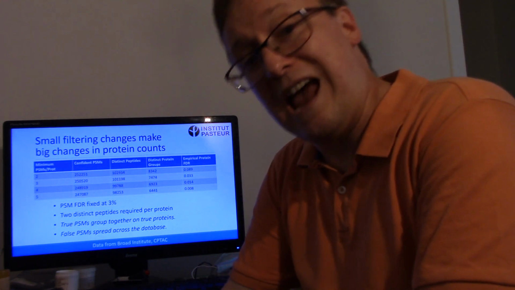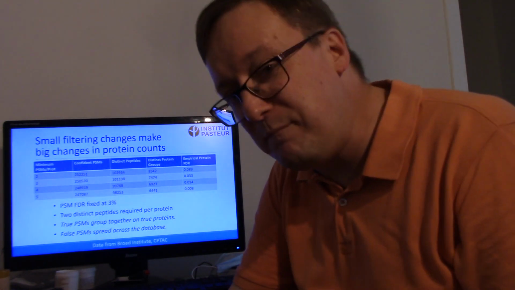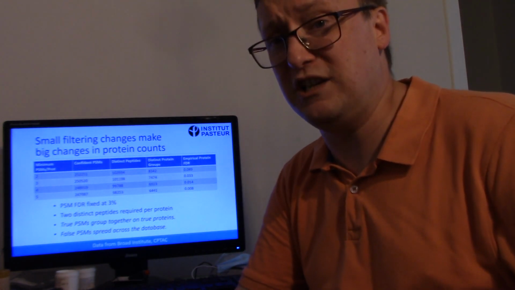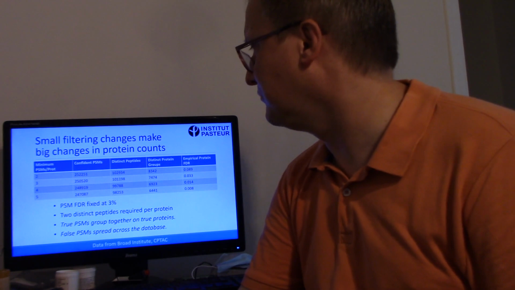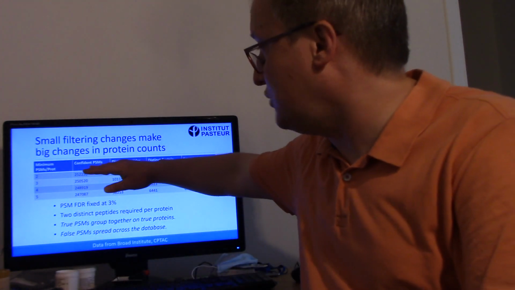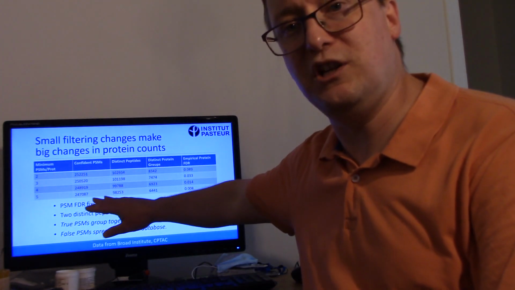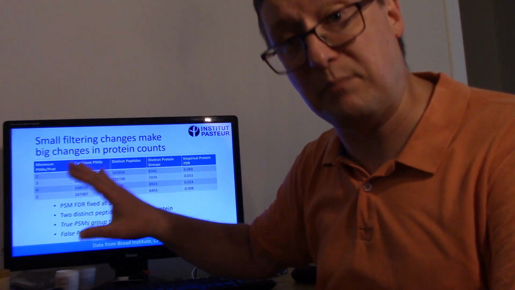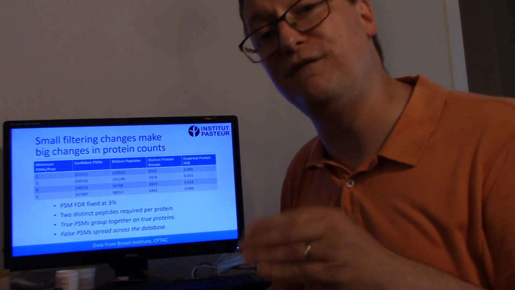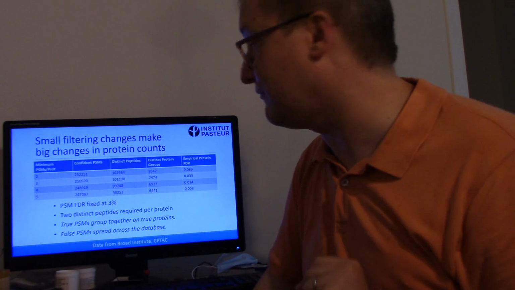Small changes in how we do our filtering can make a very big difference in how many proteins we claim for a sample. In each of these rows, I'm going to use exactly the same sets of peptide spectrum matches, but I'm going to filter them very slightly differently.